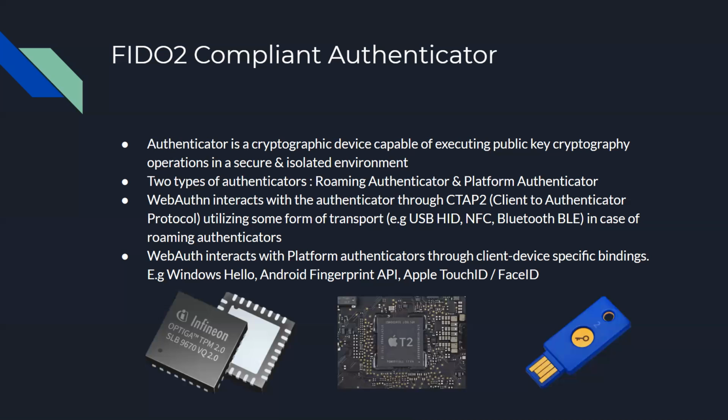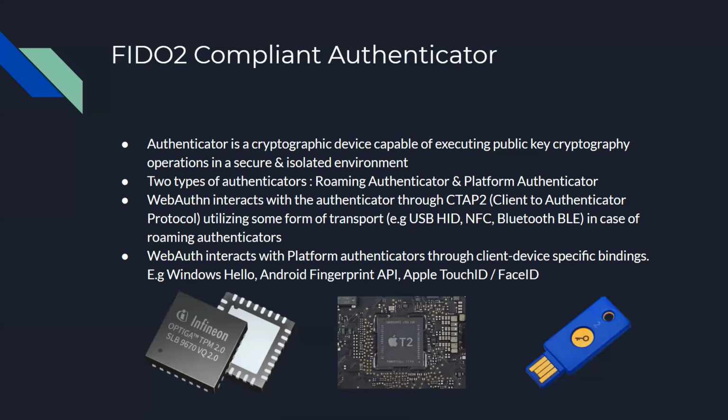So, for example, your laptop would most probably have TPM, a trusted platform module, which usually does stuff like secure boot and handle some of the crypto stuff which is needed for technologies like Windows Hello. Or your Android device might have some dedicated crypto chip inside it, or maybe not a dedicated crypto chip.